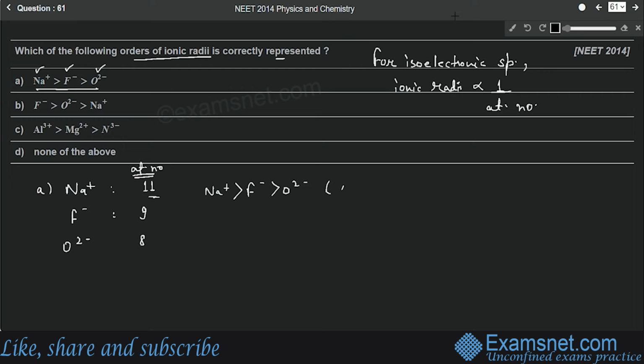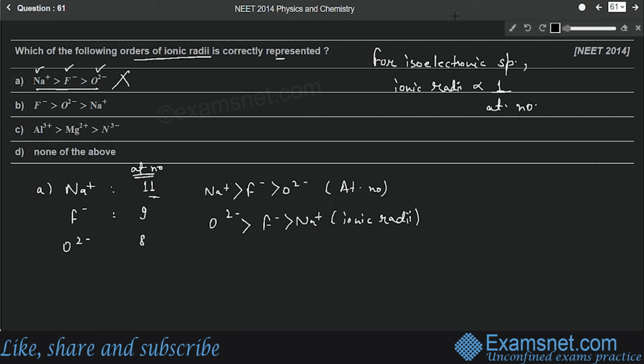Okay, this is the sequence of atomic number. So what will be the sequence of ionic radii? Ionic radii is inversely proportional, so the sequence will be just the reverse. That means O2 minus will have the maximum ionic radius, then F minus and then Na plus. Okay, but in this option this sequence is not given, so this is an incorrect sequence. The sequence that is given here is the sequence of atomic number, not ionic radii.